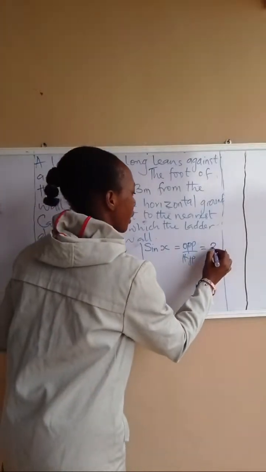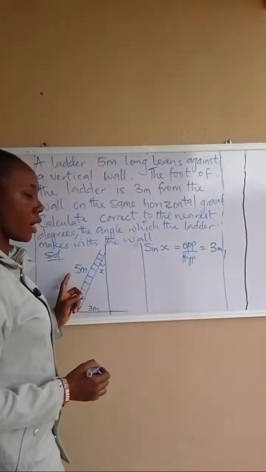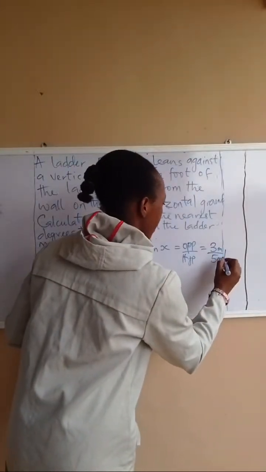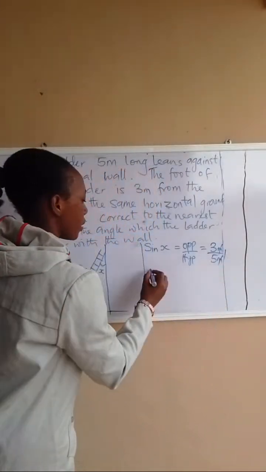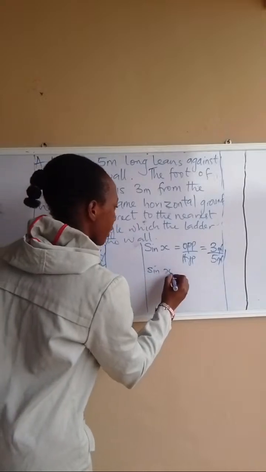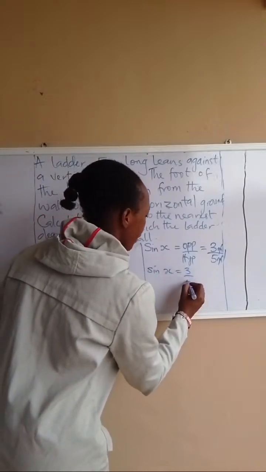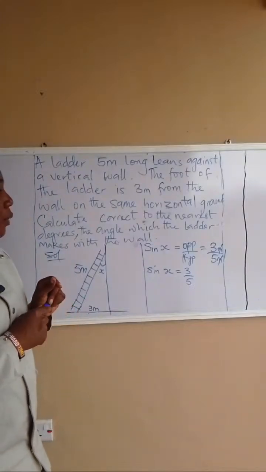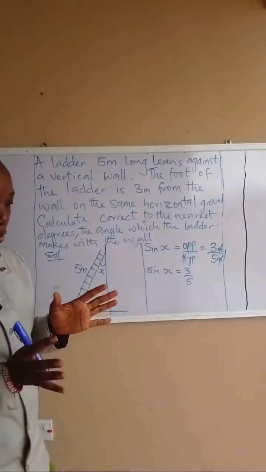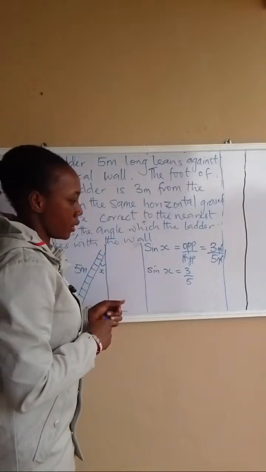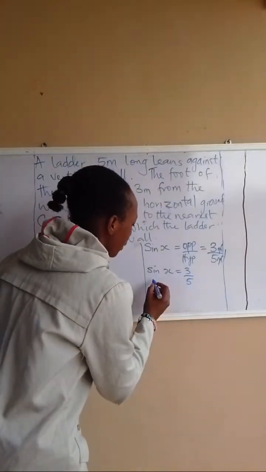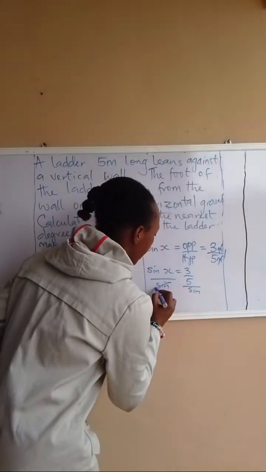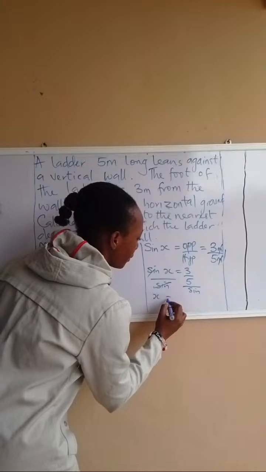Our opposite is 3 meters, and our hypotenuse is 5 meters. These meters will cancel out. So we have sine x equals 3 over 5. Now, we want to look for the value of x. So we're going to divide both sides by sine.